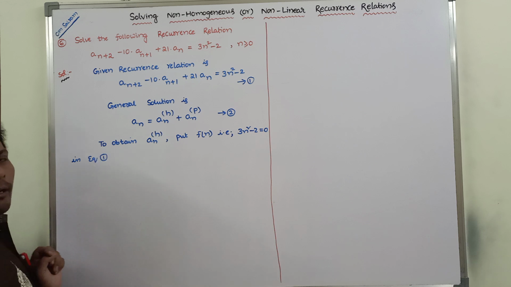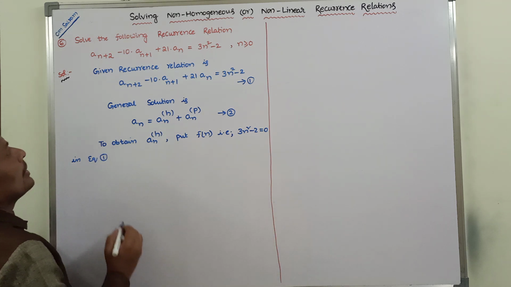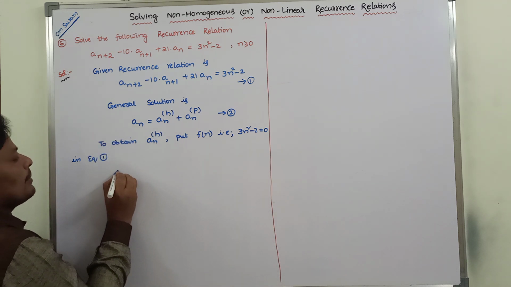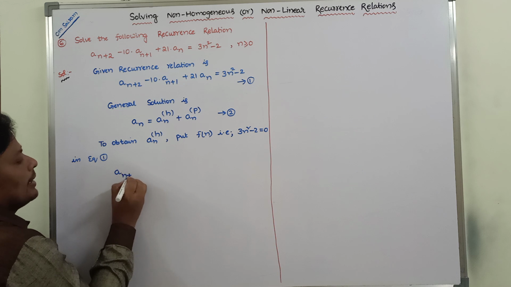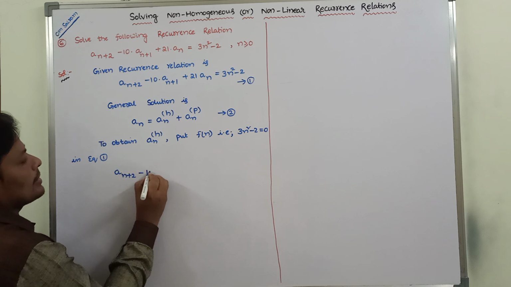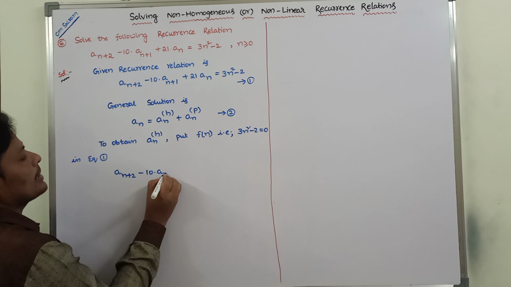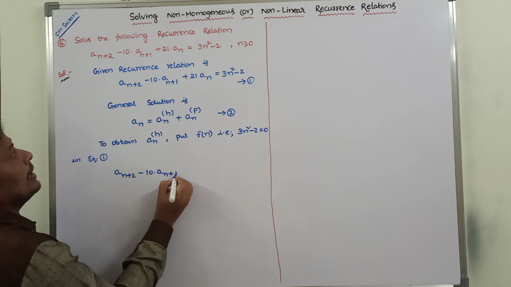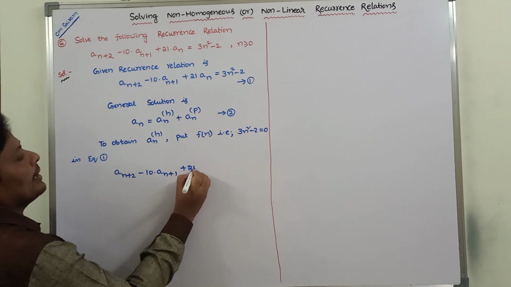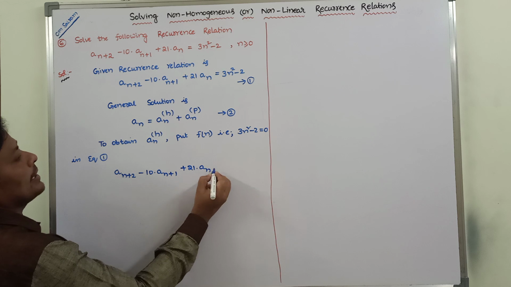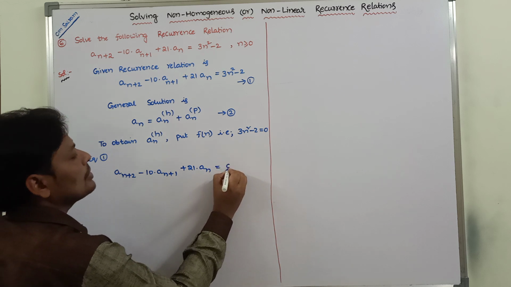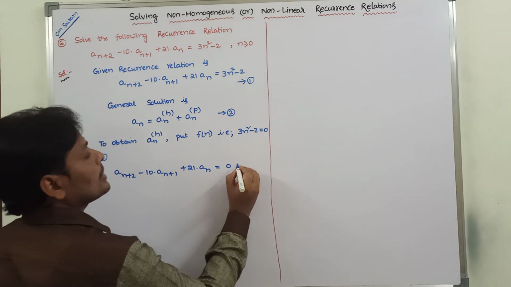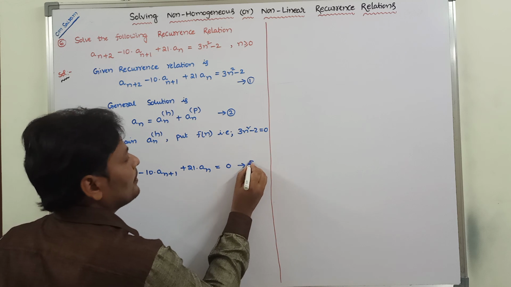So the above equation 1 becomes A suffix n plus 2 minus 10 into A suffix n plus 1 plus 21 into A suffix n is equal to 0. This is equation 3.